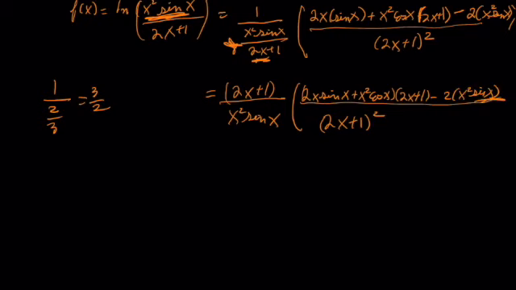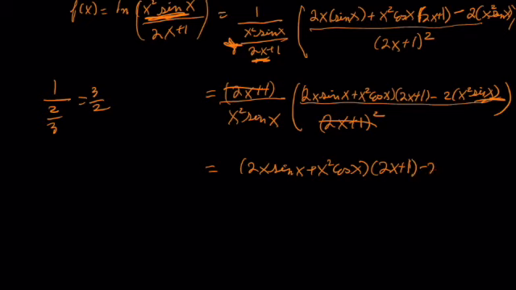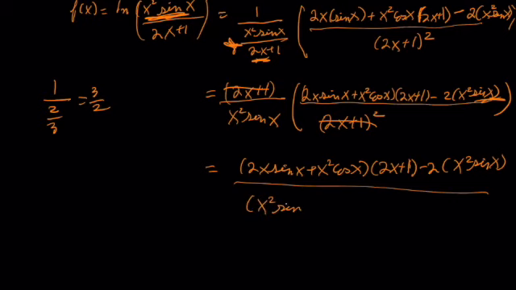And as you can see, one of these terms can cancel. So I'm left with 2x sine x plus x squared cosine x times 2x plus 1 minus 2 x squared sine of x, all over x squared sine x times 2x plus 1.